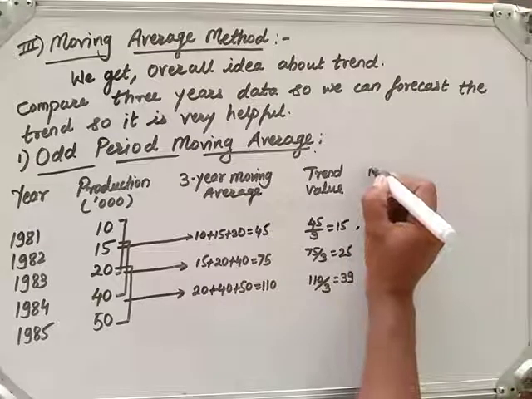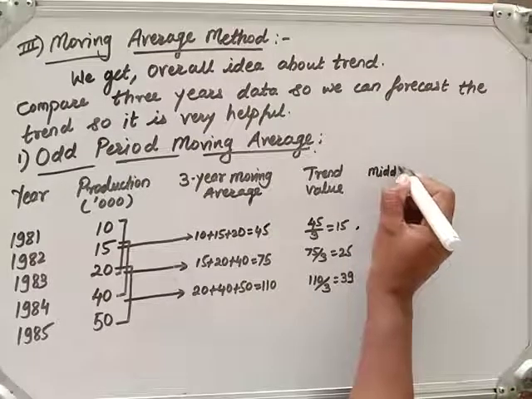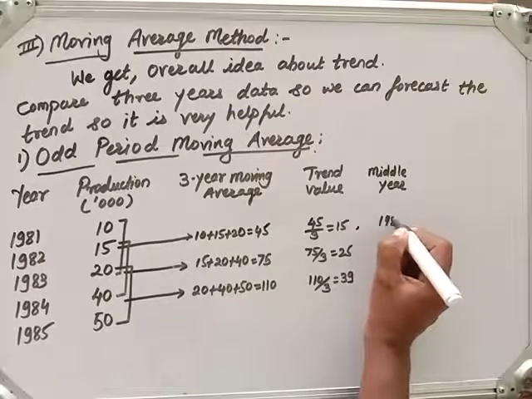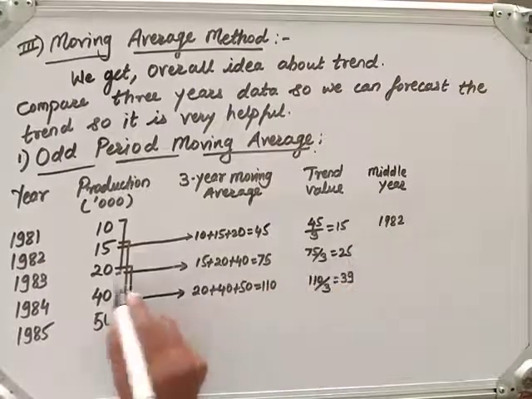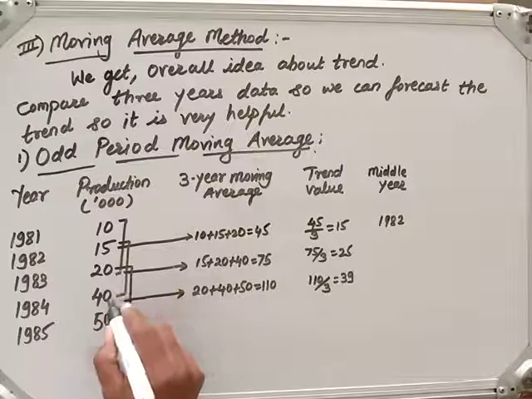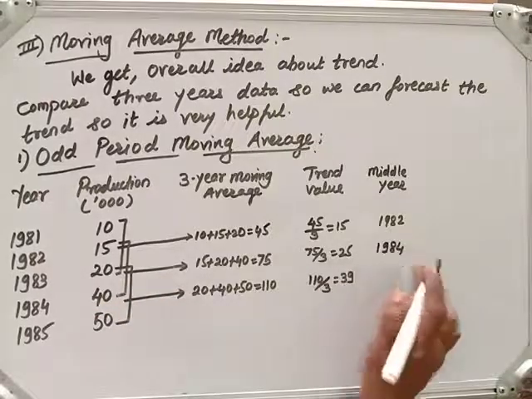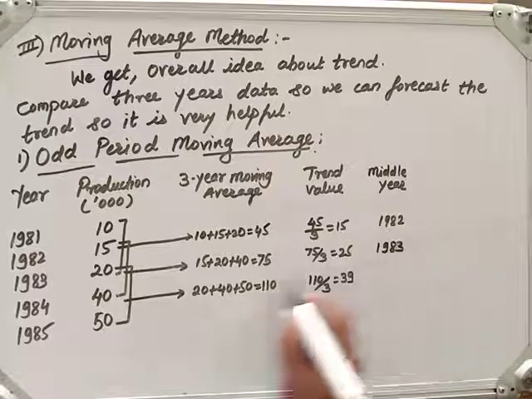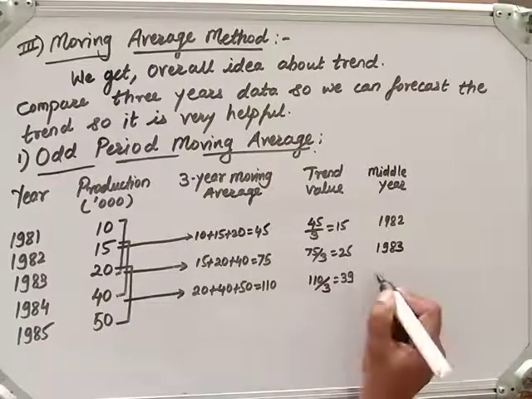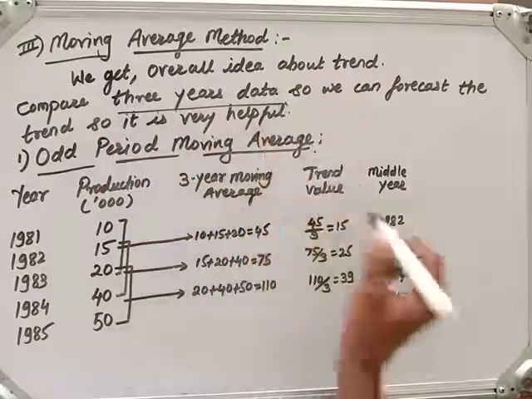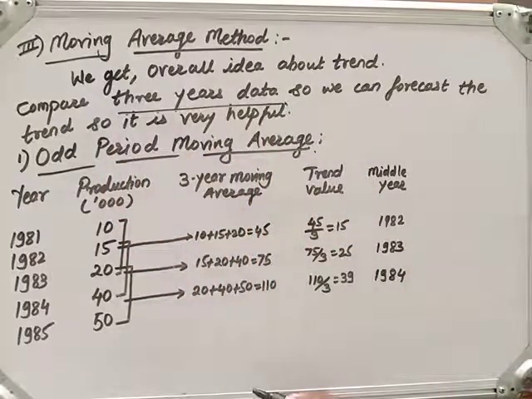In the next one the middle year is 1983, and for the last three the middle year is 1984. So with 3-year data, this is most helpful to us.